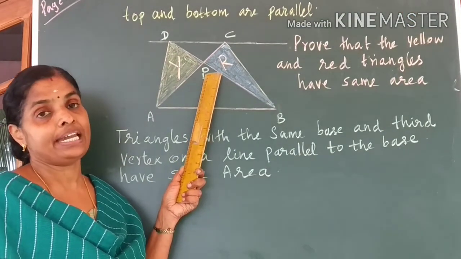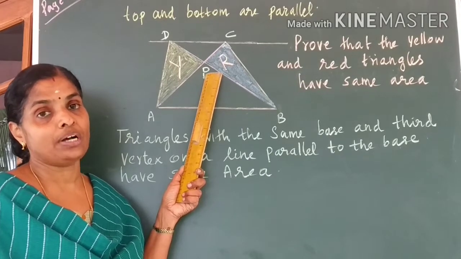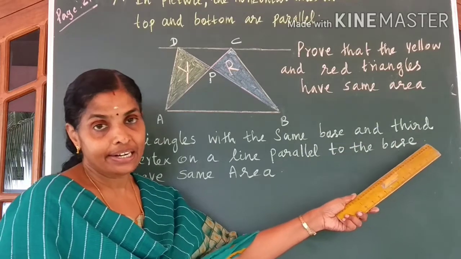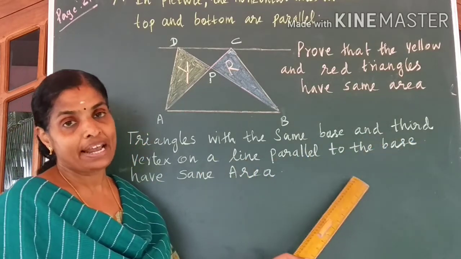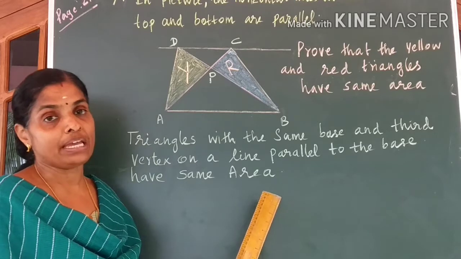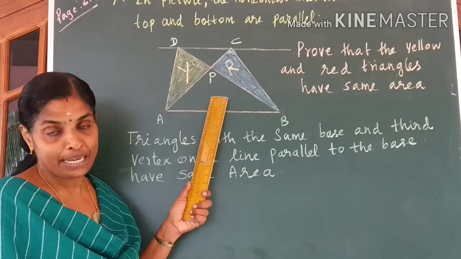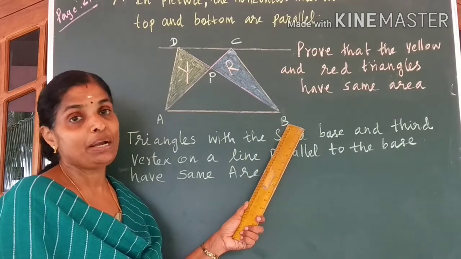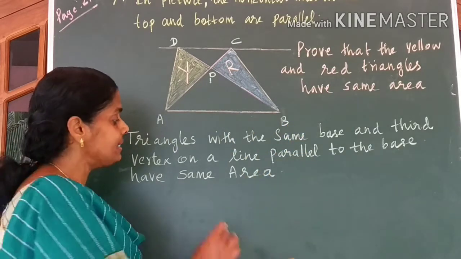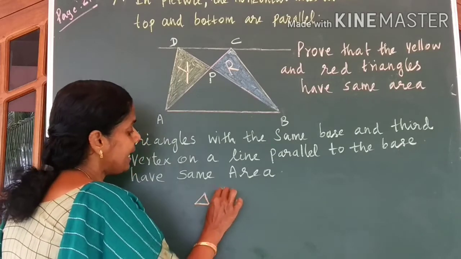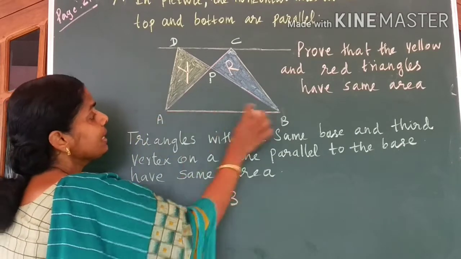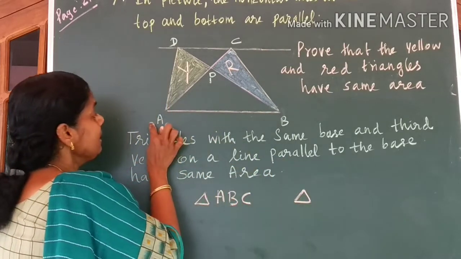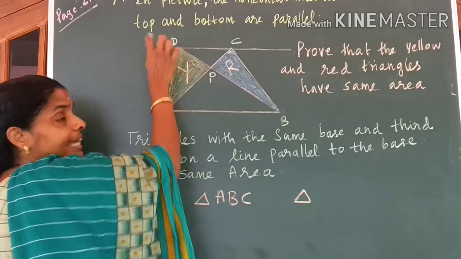Now the very first idea we studied in this chapter was that all triangles with the same base and third vertex on a line parallel to the base have the same area. So if you look at the picture, you can understand AB is the common base for triangle ABC as well as triangle ABD.